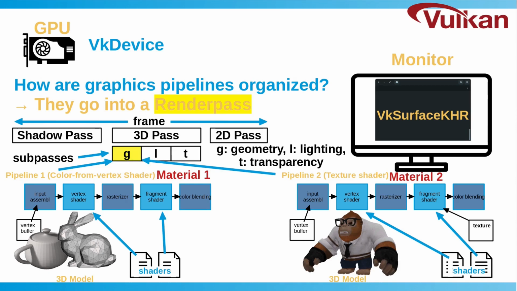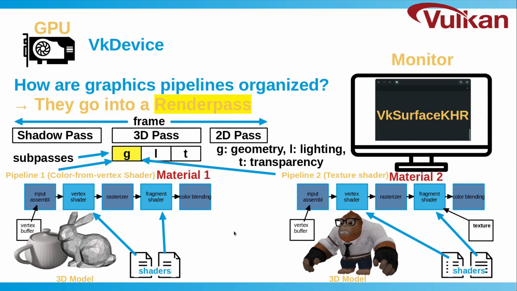So in the example here, we have 3 render passes per frame, a shadow pass, a 3D pass, and a 2D pass. And the 3D pass is subdivided into one subpass for geometry, one subpass for lighting, and one subpass for transparency.